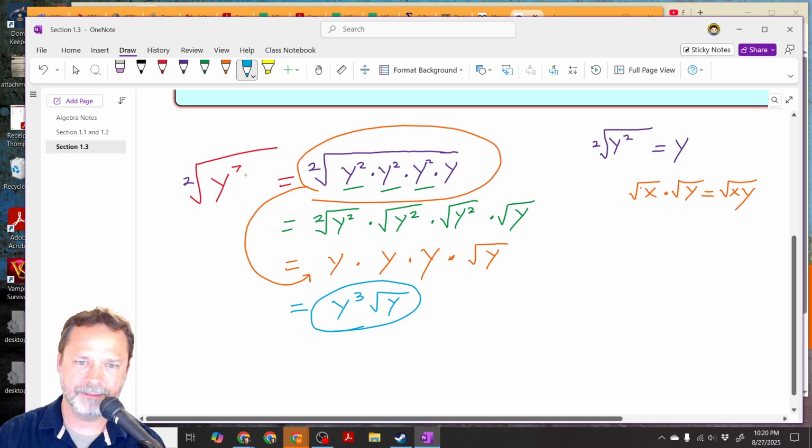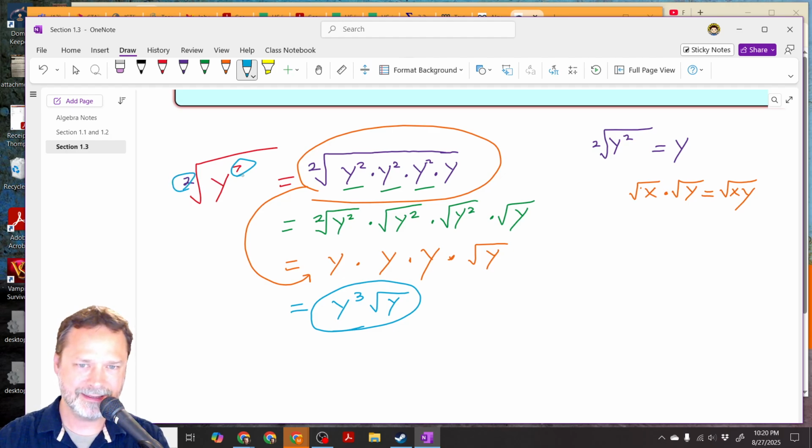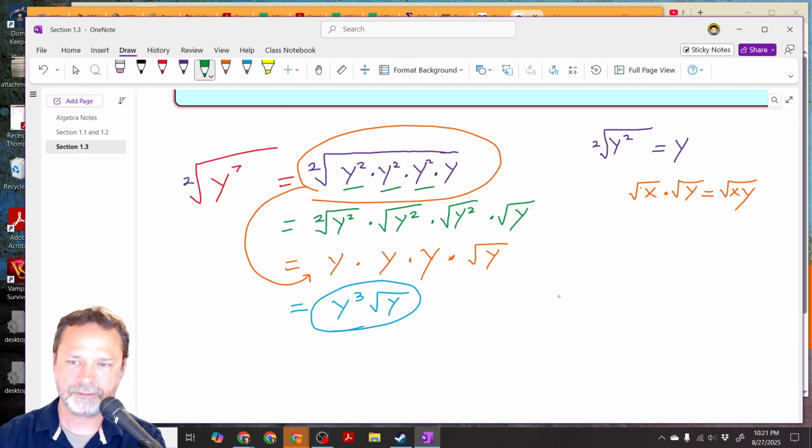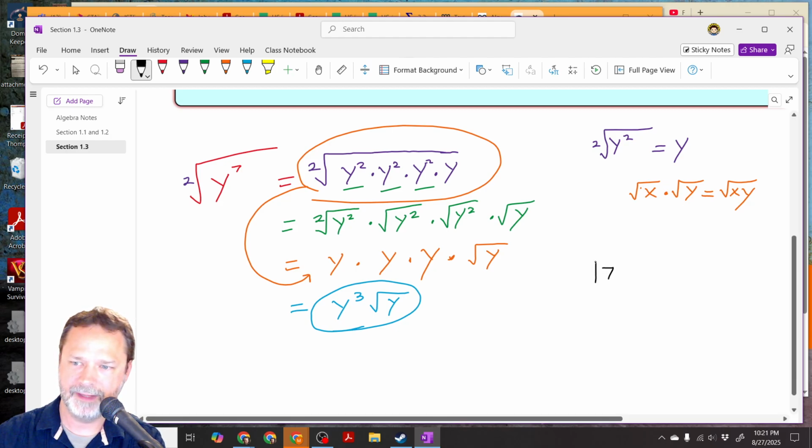Remember what my trick is. You have a power of 7 under a square root, and we're trying to reduce it. It is the same as 7 divided by 2. If I do that little division problem off to the side, 7 divided by 2 gives you 3 remainder 1.